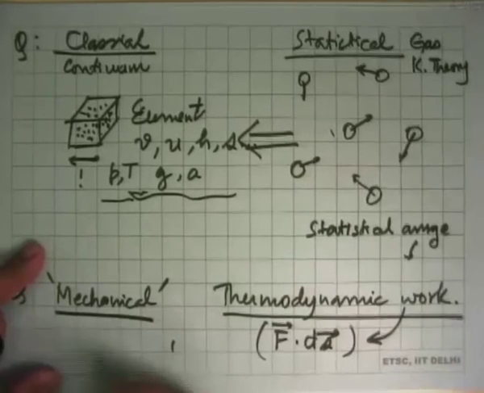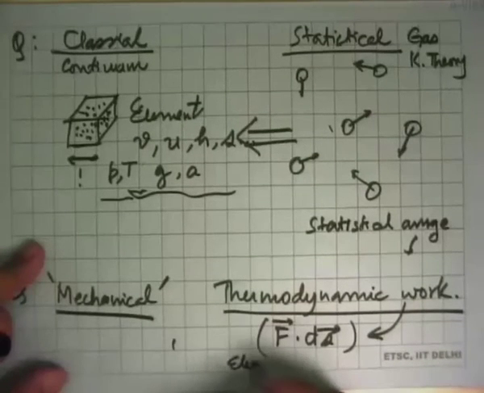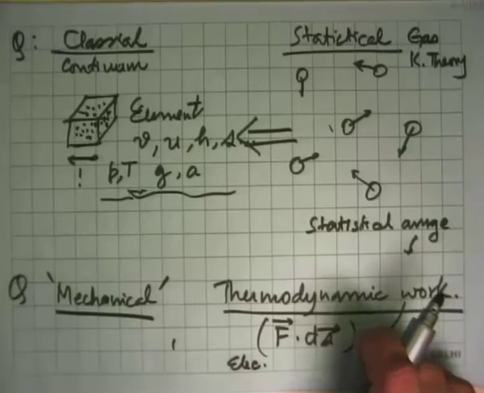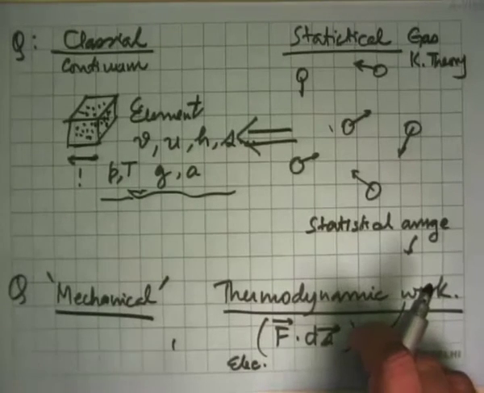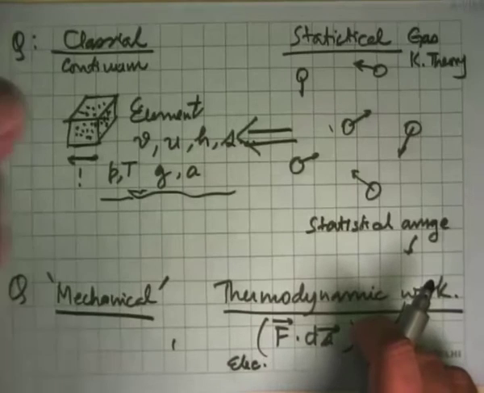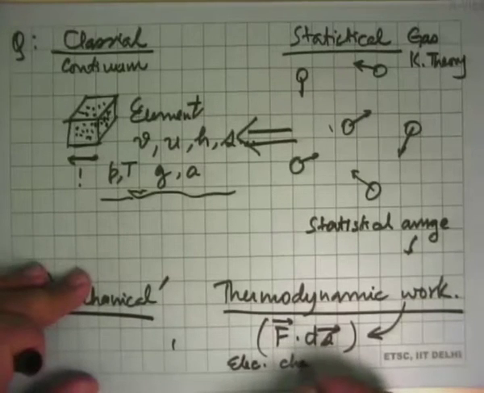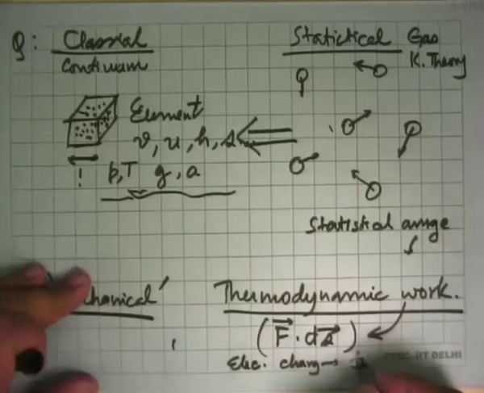But this includes electrical work. That means current flowing through a device, a conductor or a heater. When the current flows through it, there is work inflow into that system. So current is because you have a charge going across a field.